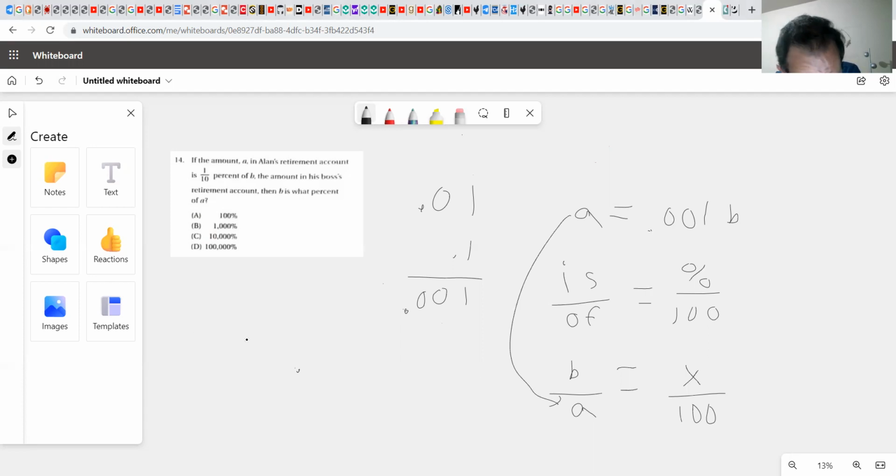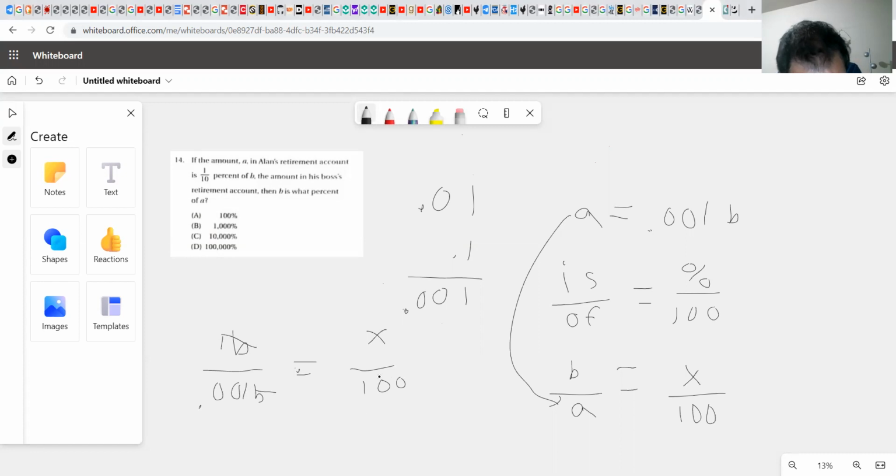So B over, substituting the A value with the A expression, 0.001 B is equal to X over 100. Well, right away, the B and the B cancel out, and you're left with 1 over 0.001.